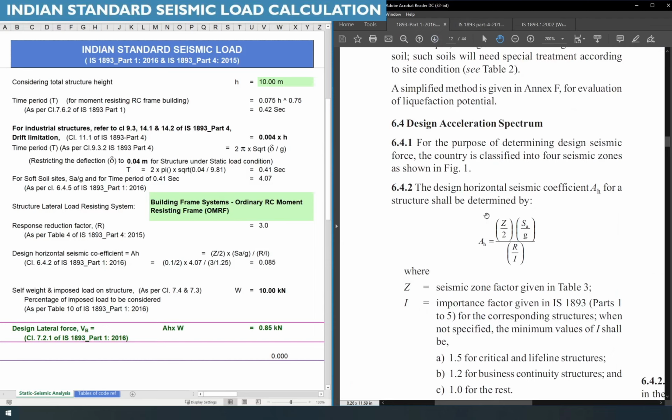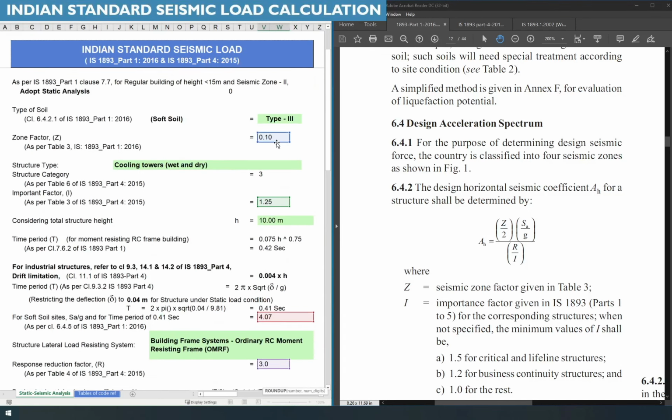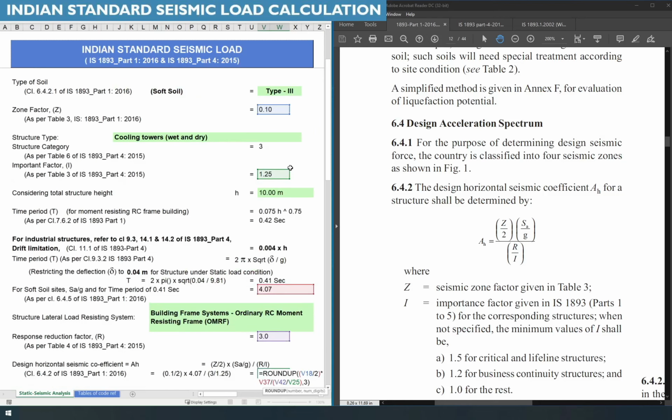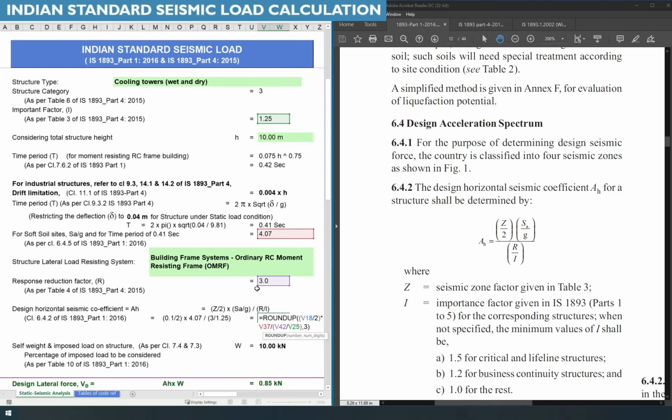You can see on the right-hand side that clause 6.4.2 states the equation Ah equals Z by 2 into Sa/g divided by R by I. We have all those values: Z is 0.1, in the blue highlighted cell; the Sa/g value is 4.07, in the red cell; the importance factor I is 1.25, in the green cell; and the R value is 3, in purple.